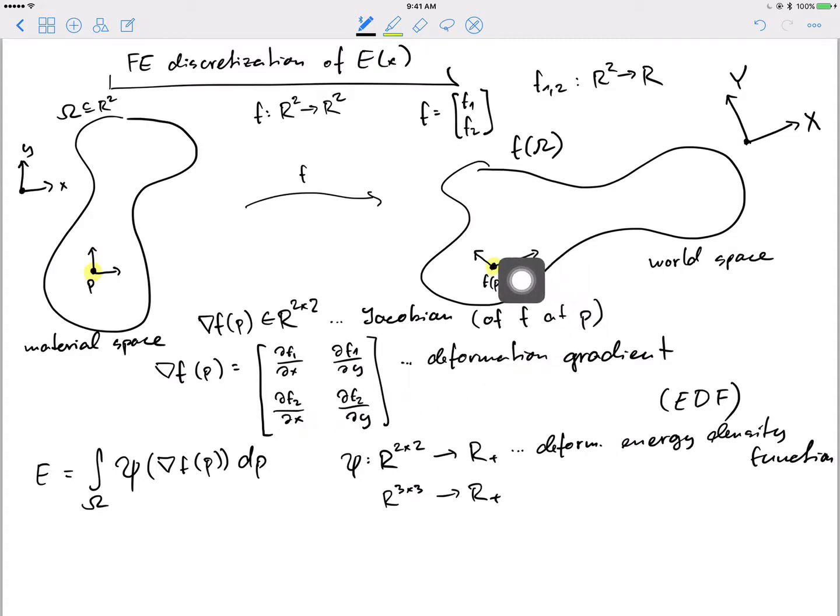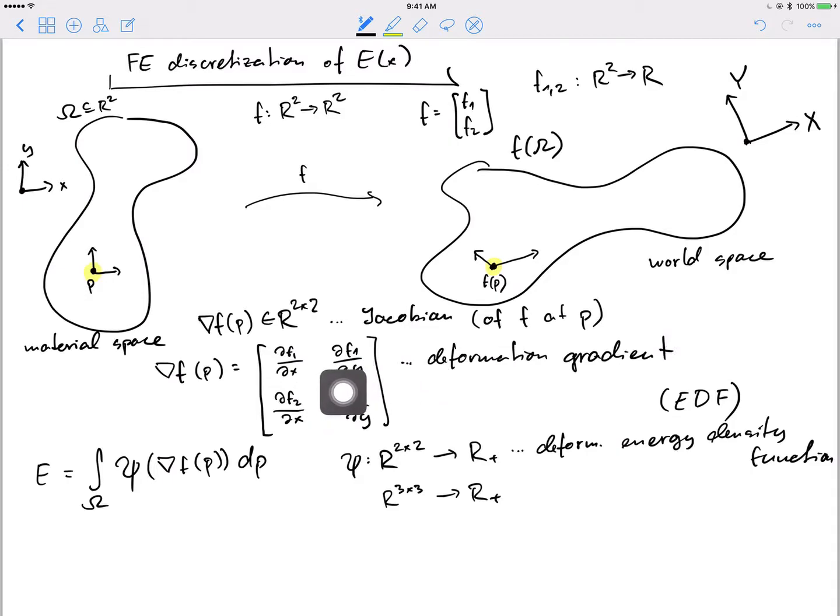Because if I just, or let's talk about the world coordinates, the actual deformation energy should not depend on the choice of the world coordinates, or equivalently said, it should not depend on a global rotation of the deformation field, right? Because if I rotate this whole thing, I'm not deforming it, so the energy should stay the same, right?